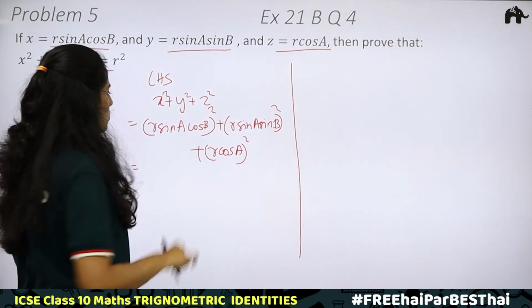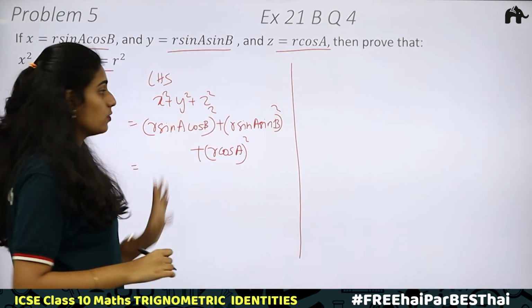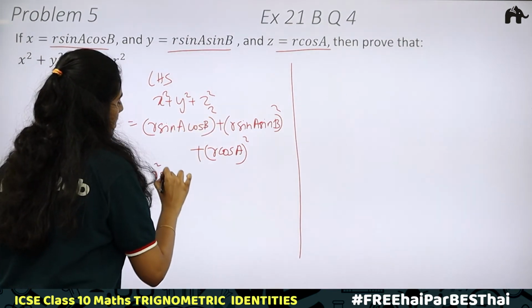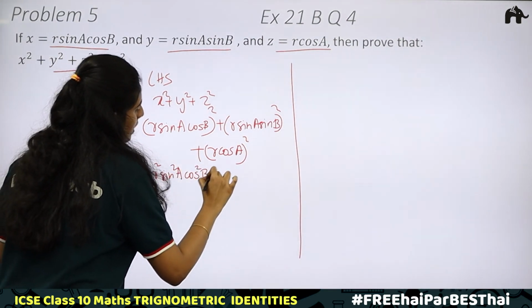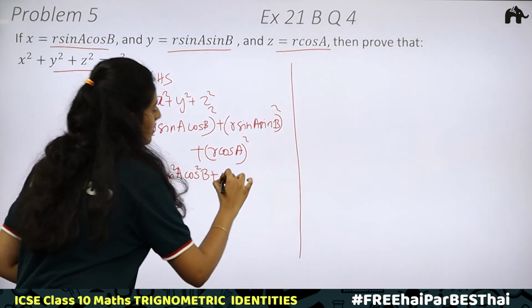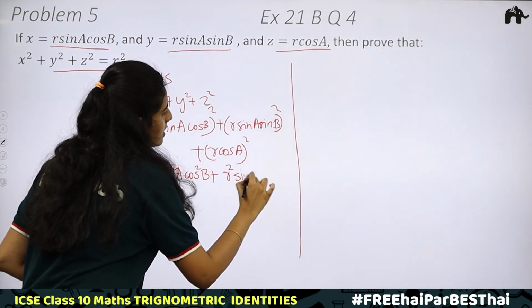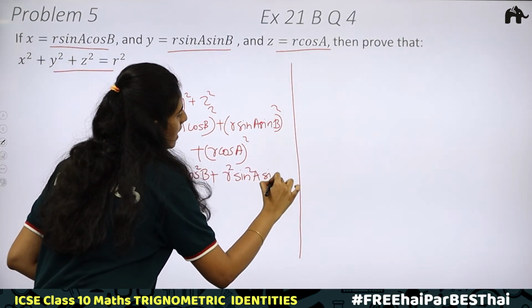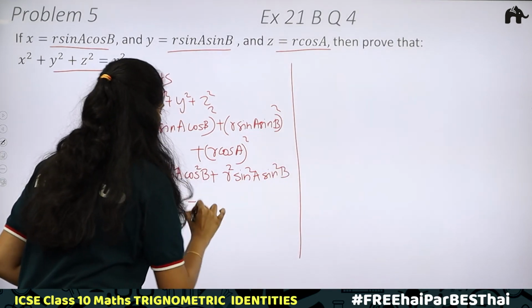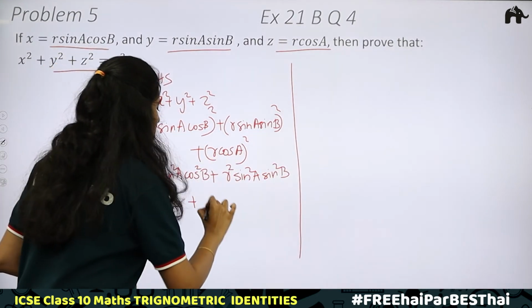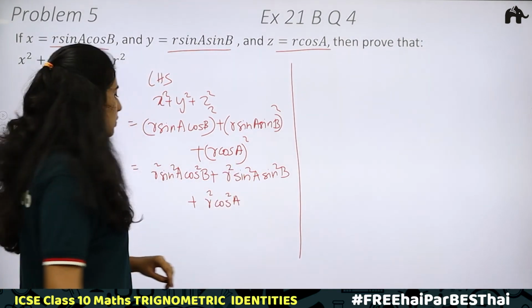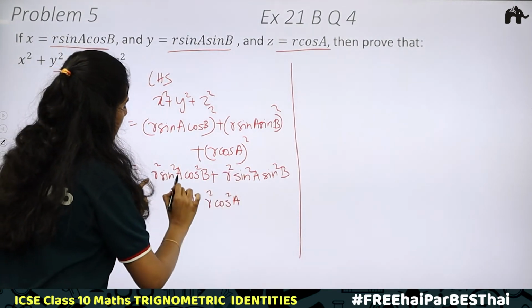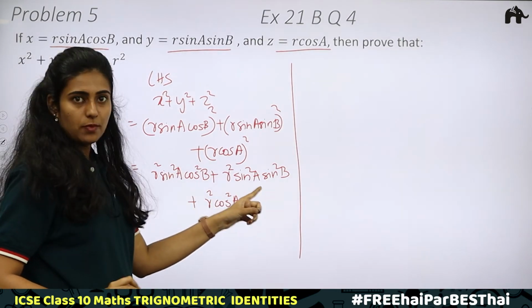That is equal to, distributing the square, r square sin square A cos square B plus r square sin square A sin square B plus r square cos square A. Now from this we can take r square sin square A common.